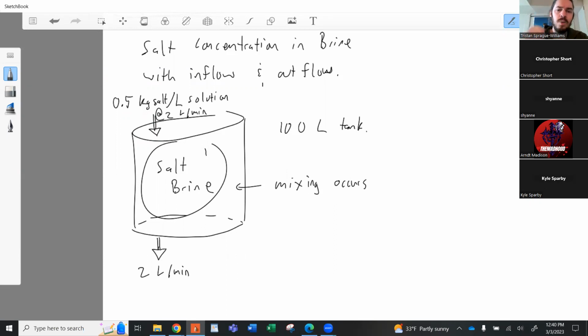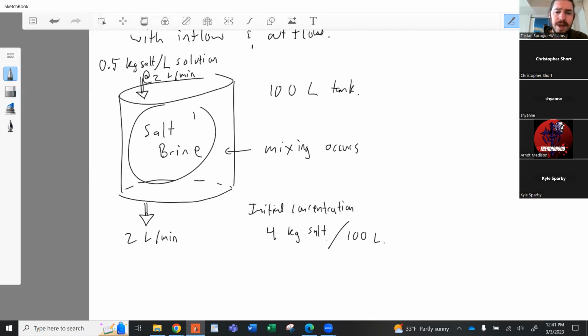And then we have an initial starting concentration. Initial concentration of 4 kilograms of salt in the entire 100 liters. So that would be 4 divided by 100 is 0.04 kilograms per liter of salt. That makes sense? So the quantity of salt in the beginning is 4 kilograms, and that's in the entire 100. That makes sense?